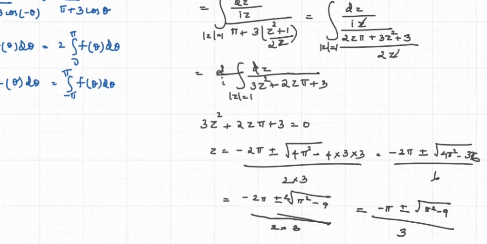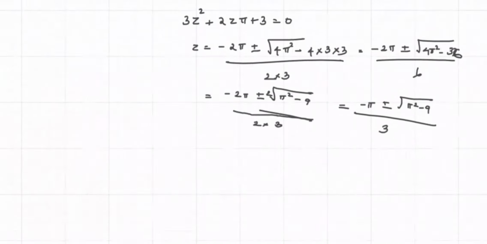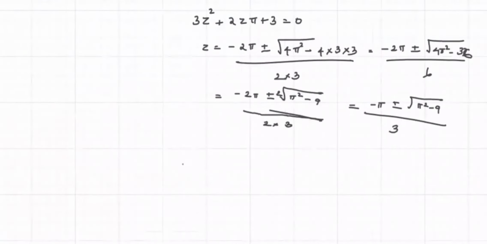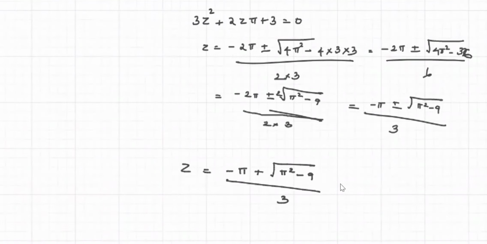So we can see that only the point z is equal to minus pi plus root of pi square minus 9 by 3 lies inside the curve mod of z less than 1. The other point is lying outside the curve.